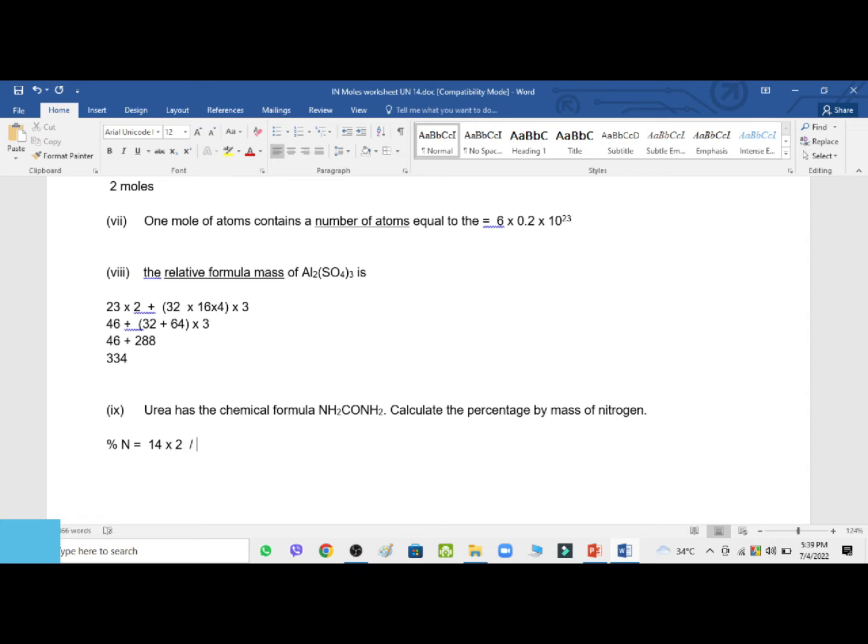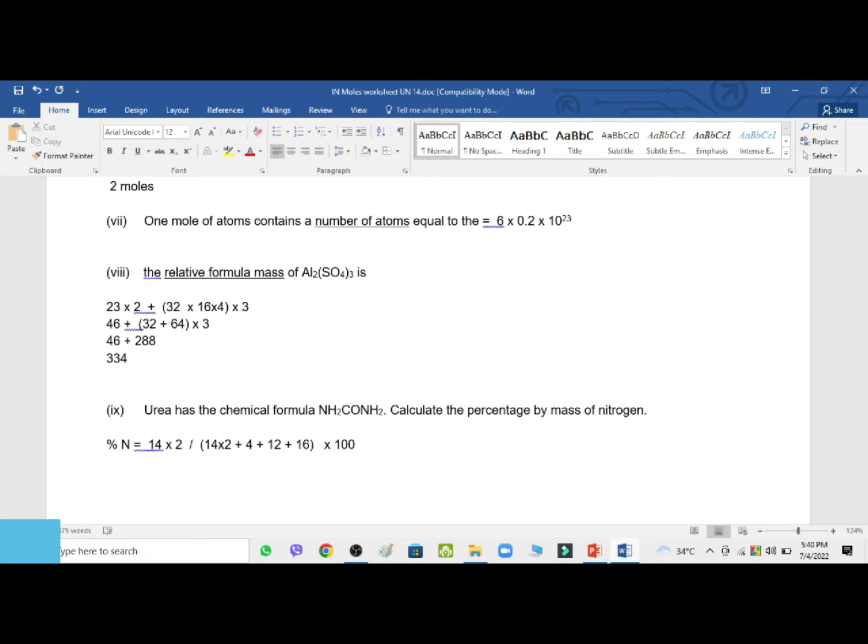This is the mass of the nitrogen alone. And now the mass of the compound together: 14 into 2 plus how many hydrogen? 4, right? Then what's left? Carbon, 12. And oxygen. For percentage, this will be multiplied with 100.